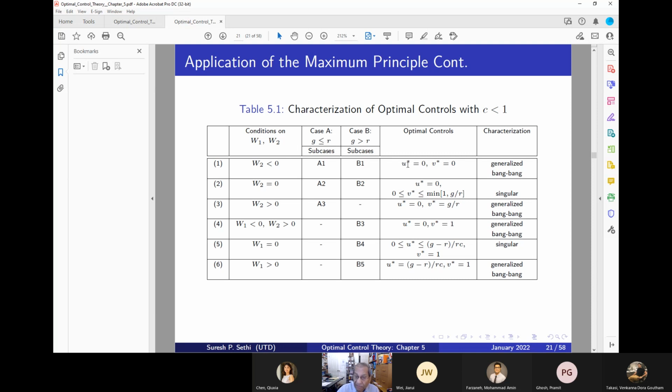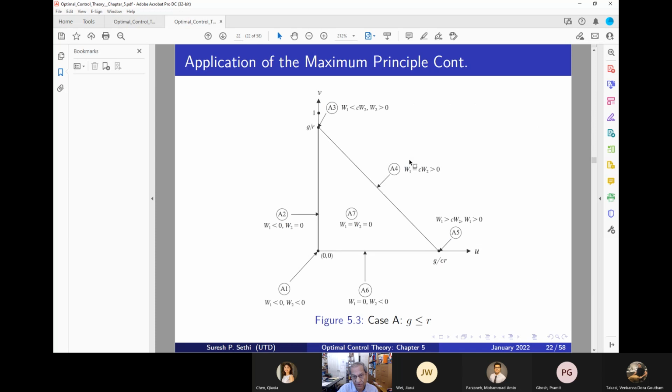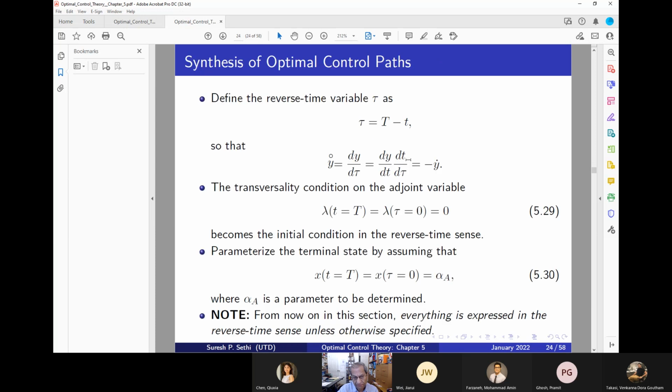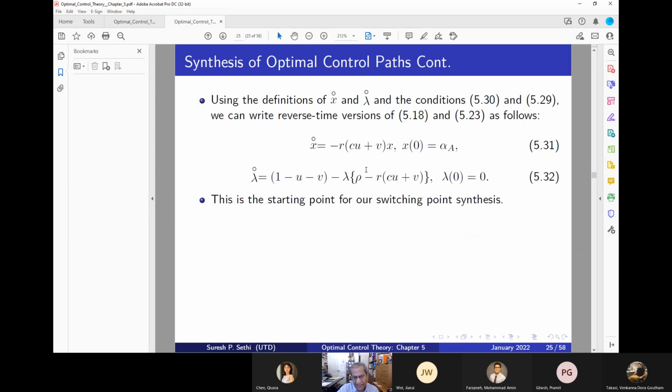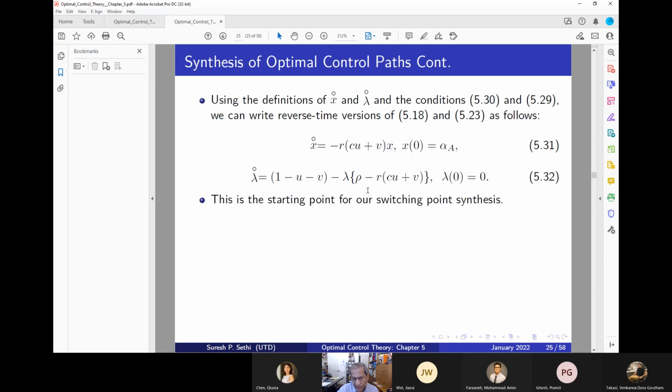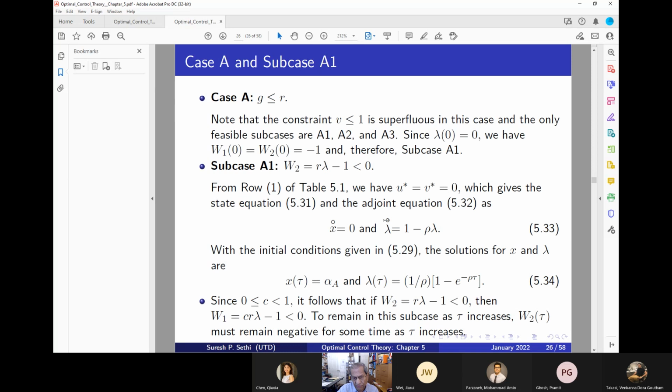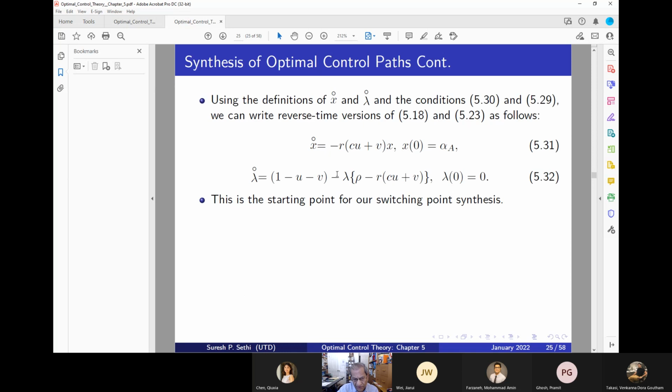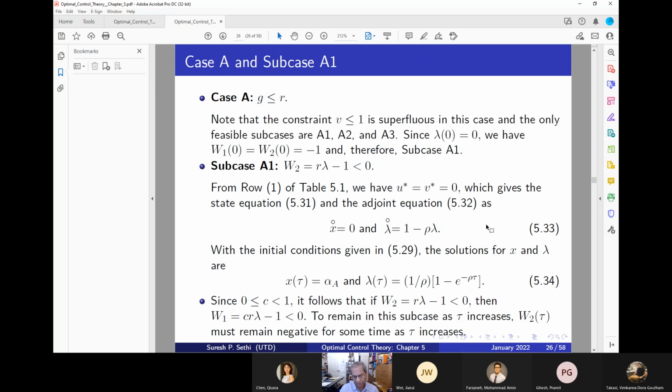So that is the Hamiltonian maximization problem at time 0. So we set those values at time 0. And we get x circle to be 0 if you put U and V equal to 0, and lambda circle to be 1 minus rho lambda, because this is 0, so it's 1 minus rho lambda. So we get these two equations.